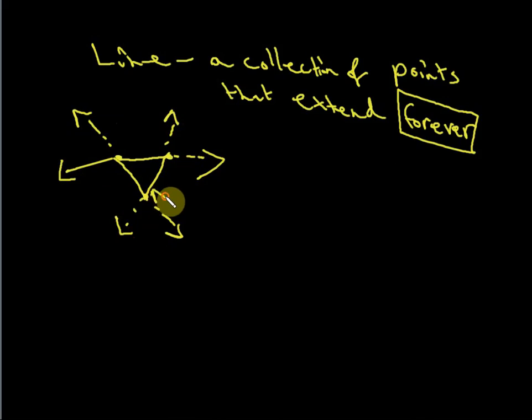Okay, so we can label this A, B, C. And so C to B, this would be segment CB. You know, I've seen people do it this way: this is line CB, or it could be BC.